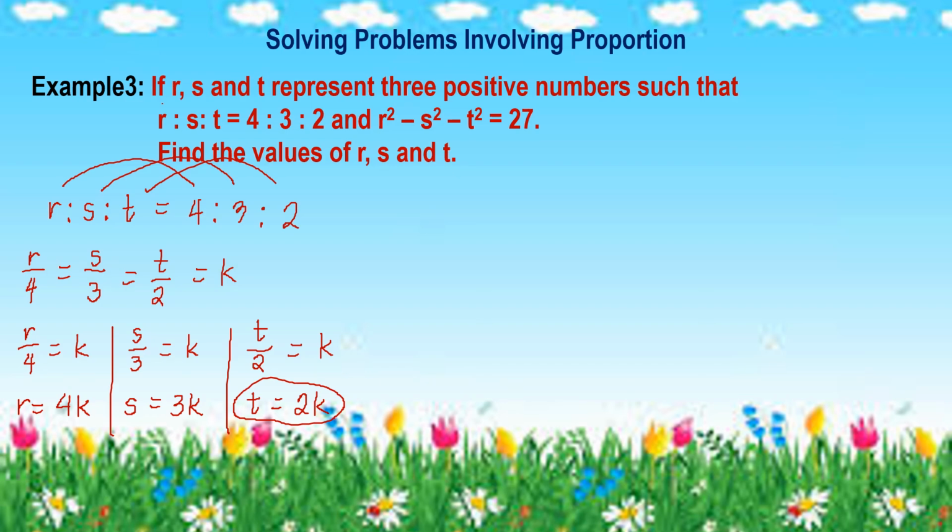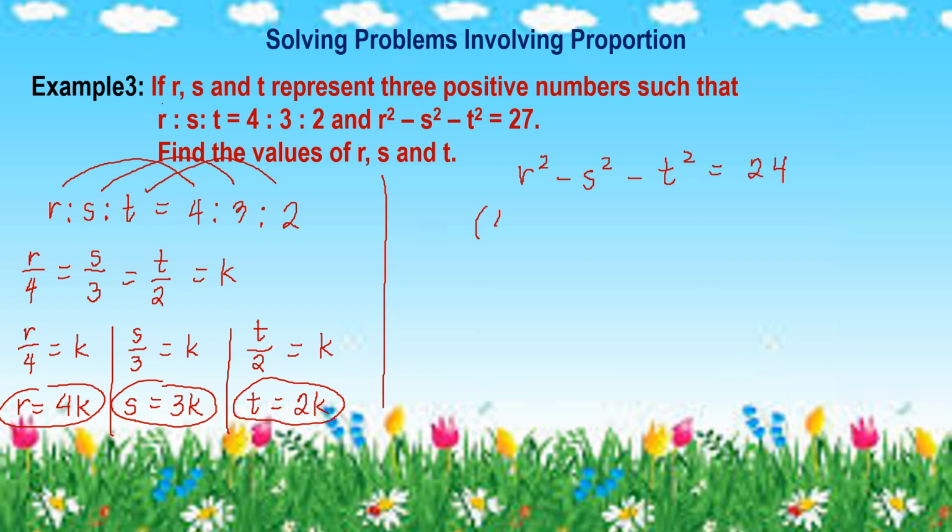Now we will use these values and we will substitute them in the given equation. R squared minus S squared minus T squared is equal to 27. So R, we have the value 4K.